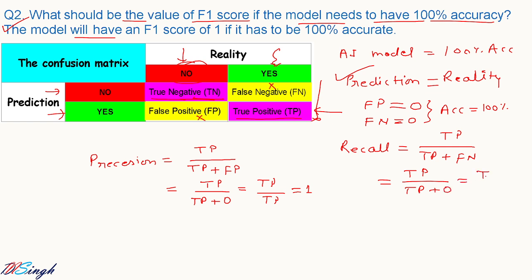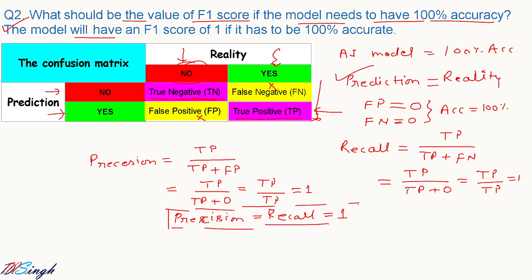Then you have TP by TP, and that is equal to 1. So what is the scenario now? We have precision equal to recall, and both are 1. I get this out of the statement given in the question, where the accuracy is 100%.